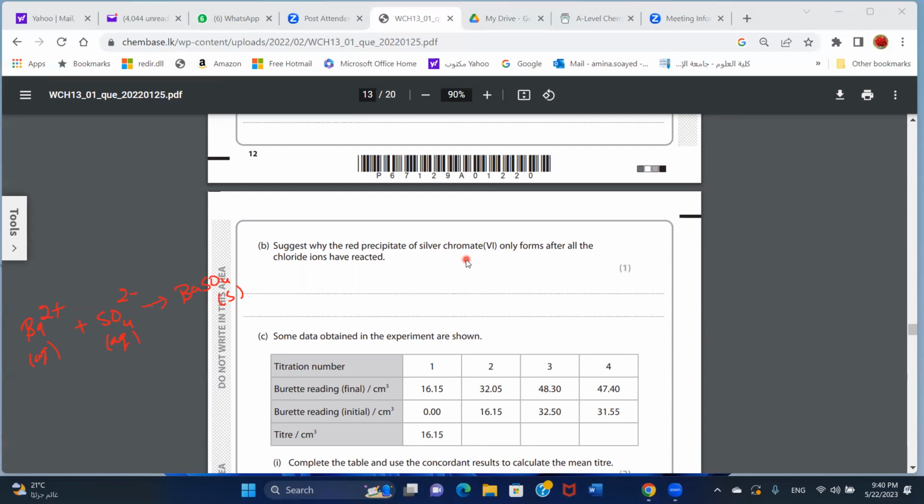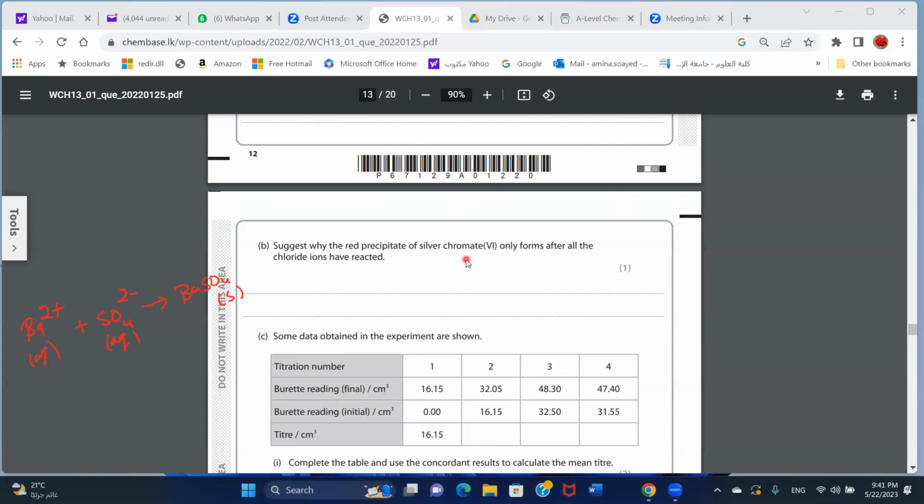We say that the red precipitate of silver chromate is more soluble than the silver chloride precipitate. As it is more soluble, it will not appear unless all the chloride in the solution precipitated first, and then the silver chromate starts to precipitate.